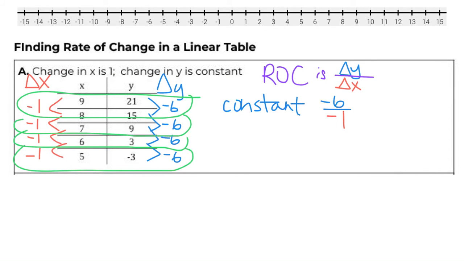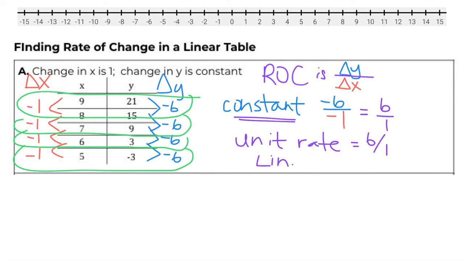You can leave your unit rate as a constant -6 over -1, but you will most likely see it simplified. -6 divided by -1 is the same as 6 over 1, and that's just more common in math. That is also our unit rate because it is per 1, so our unit rate is also 6 over 1. And so because we see that it is a constant unit rate, we confirm that this is indeed a linear function.